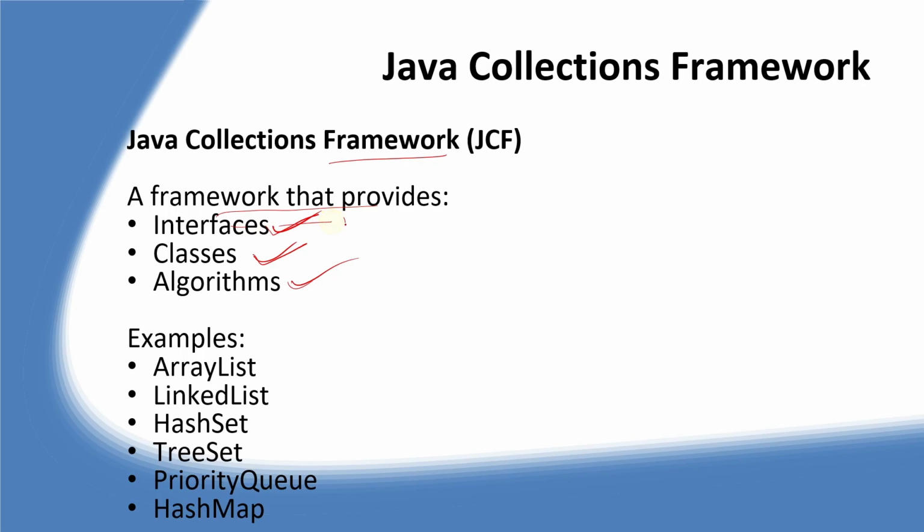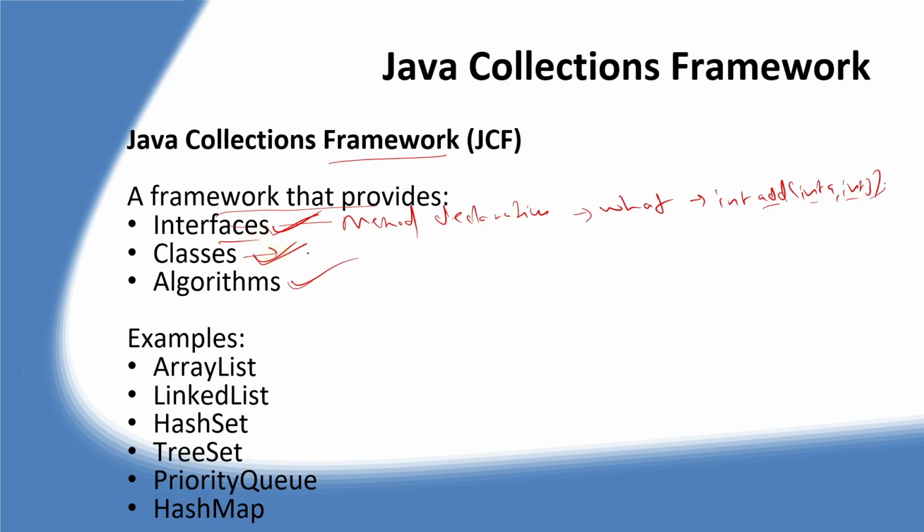Interface means only method declaration will be there. I hope you know method declaration. Method declaration means only what part will be there, what that method will do, but method definition will not be there. I have given you one example also, int add, int a, int b. That's it. Logic is not there. What will it do? Only add two numbers. That's it. This is a method declaration which will be present in the interface.